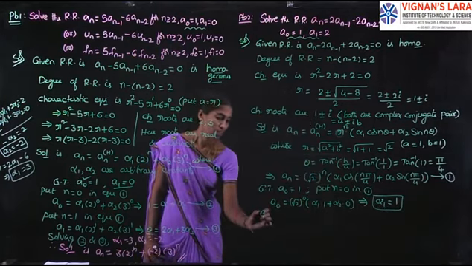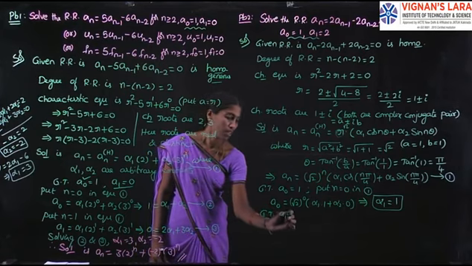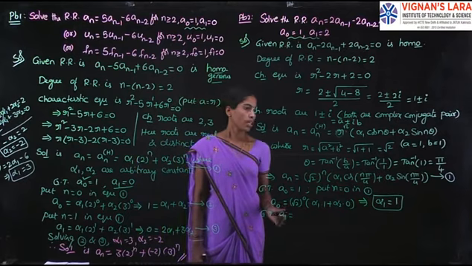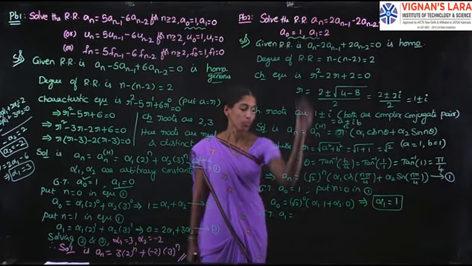Next, given that a1 is equal to, what is the a1 value? The a1 value is 2.